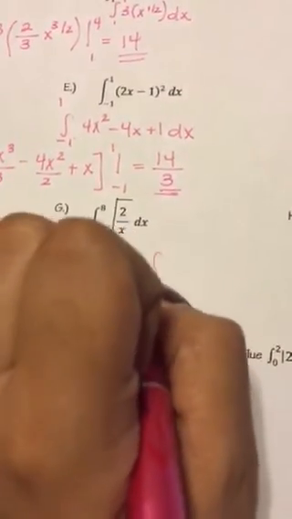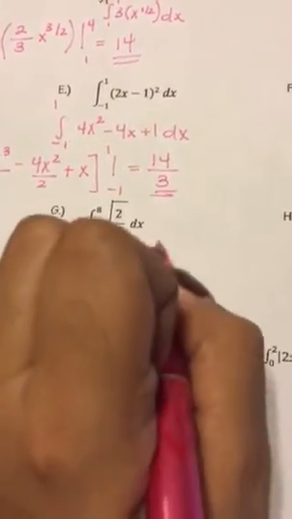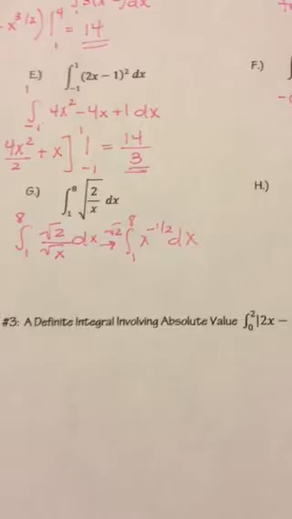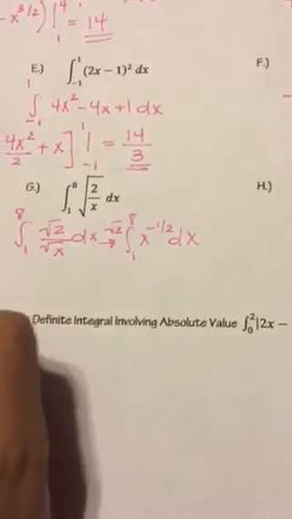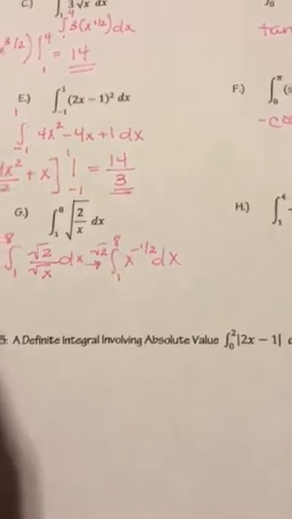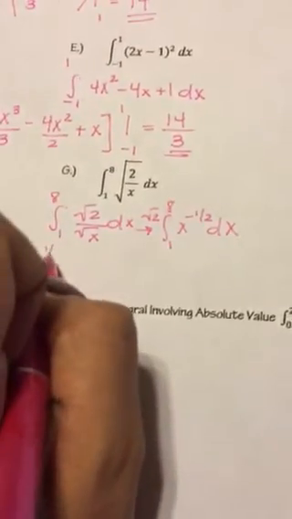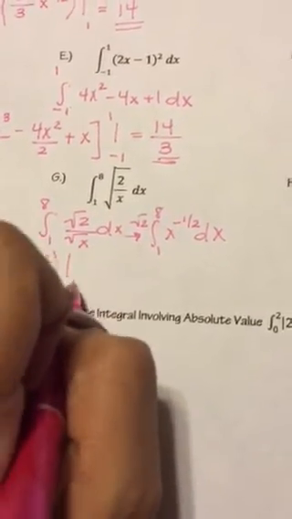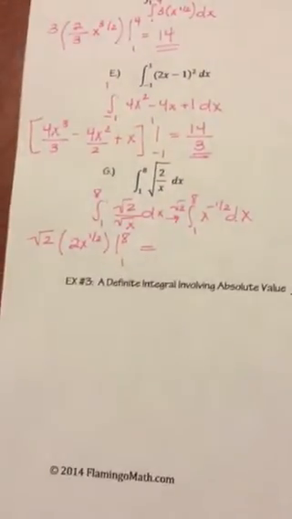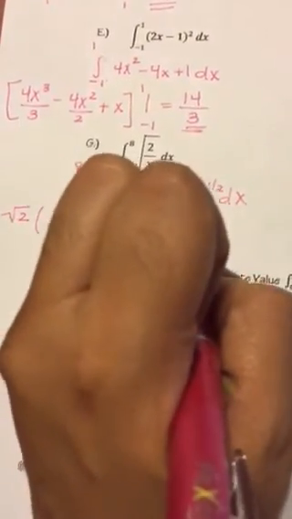So that'll give us square root of 2 on the outside, the integral from 1 to 8 of x to the negative half dx, and then use the power rule to integrate it. So we'll have square root of 2 times 2x to the half being integrated from 1 to 8. We substitute in our values, and that gives us 8 minus 2 square root of 2.